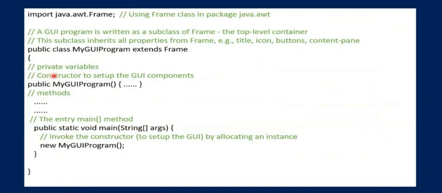And then sa imong mga methods, like if unsay mahitabo once nga akong i-click ang button, mga functions nimo diri. And then sa last one is to invoke the constructor to set up the GUI. Mo-add-on ni siya sa display.